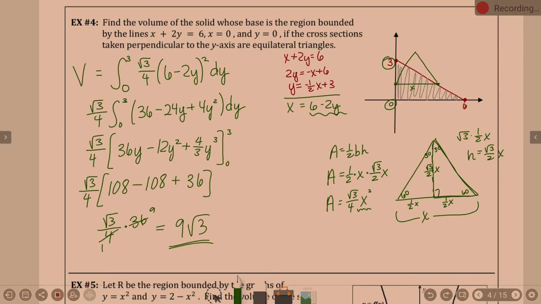What's the isosceles? Isosceles, if it's an isosceles right triangle, it's a 45, 45, 90. So it would follow our 45, 45, 90 rules. Equilateral is 60, 60, 60. Yep. Okay.